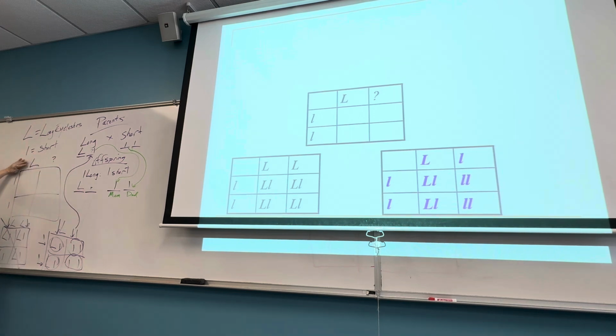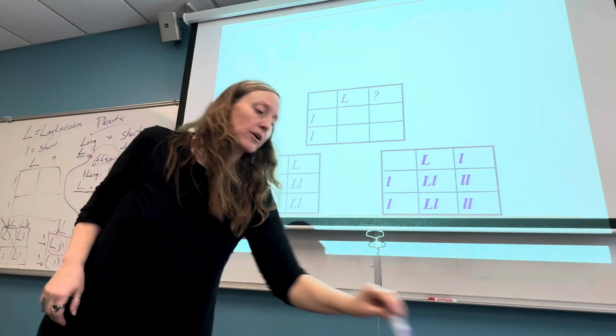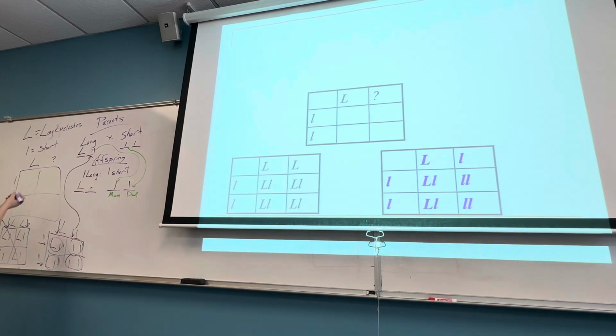So at first I just mapped them out in a Punnett square, big L question mark. And what I mean by that question mark is that that parent could be a big L or a little L and still be long eyelashes. So you could be these two genotypes and be long eyelashes.